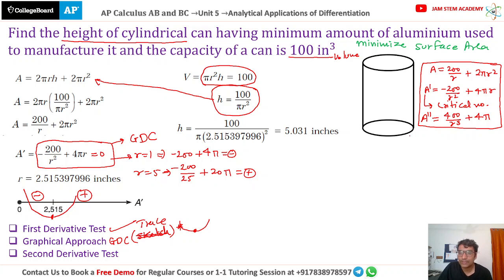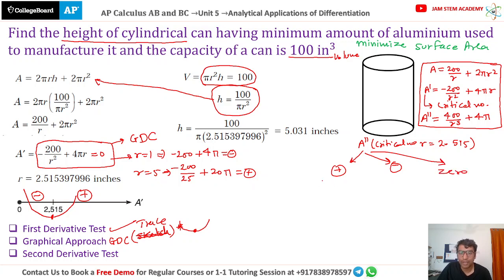So now put this in that double derivative. If the double derivative at that critical number, r equal to 2.515 something, comes out as positive or negative, or there are three possibilities, 0.